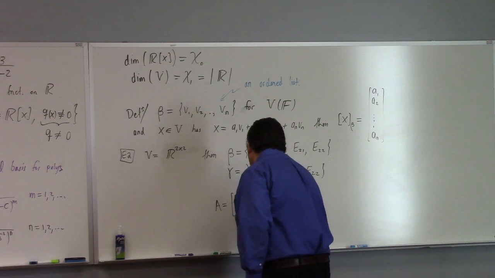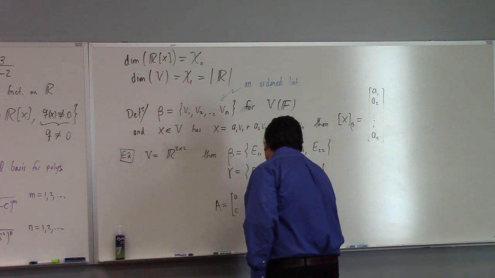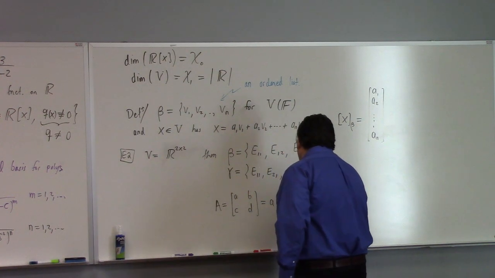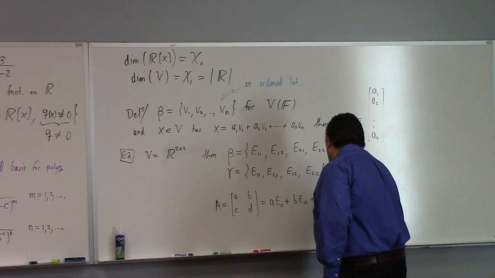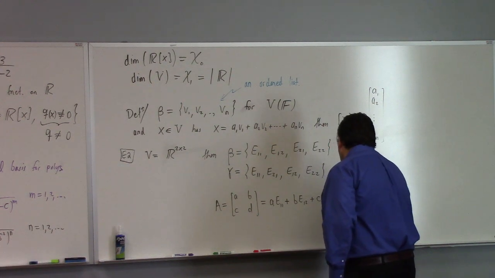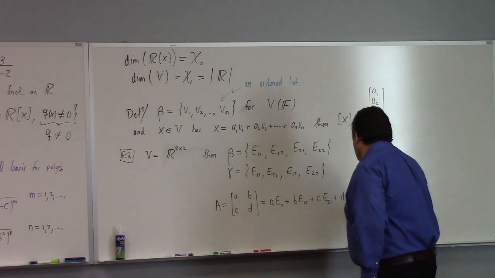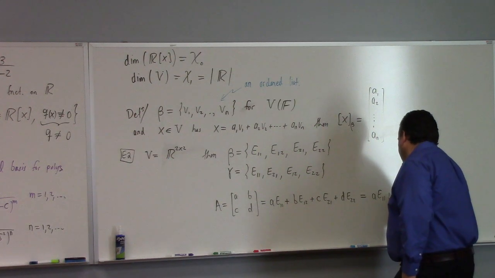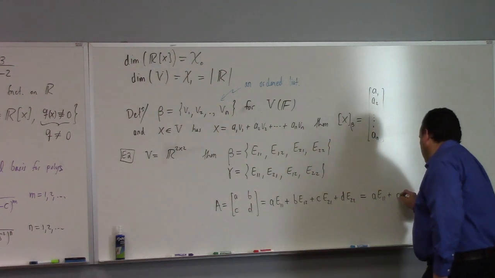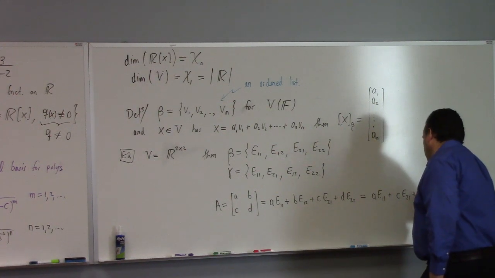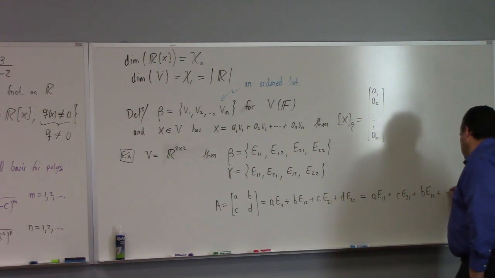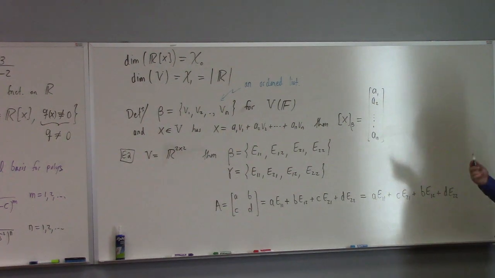That's A E11 plus B E12 plus C E21 plus D E22. But that's also equal to A E11 plus C E21 plus B E12 plus D E22, because matrix addition commutes, right?